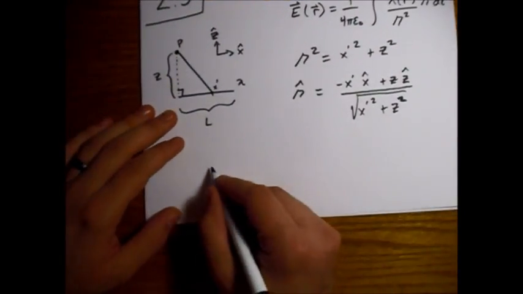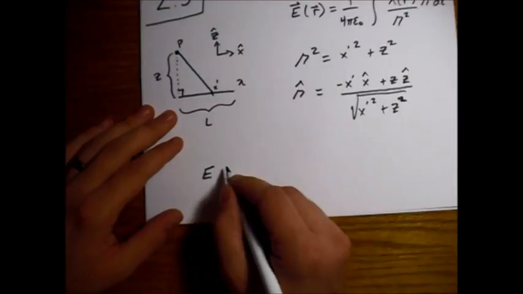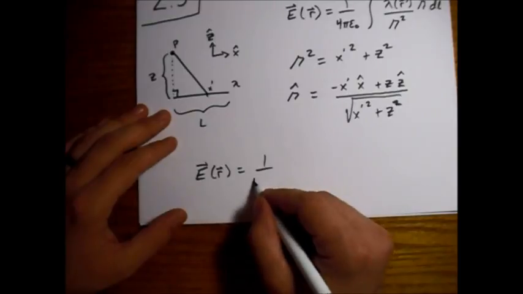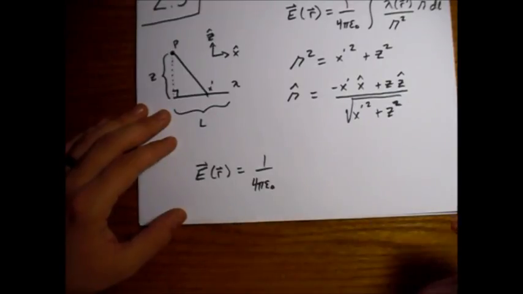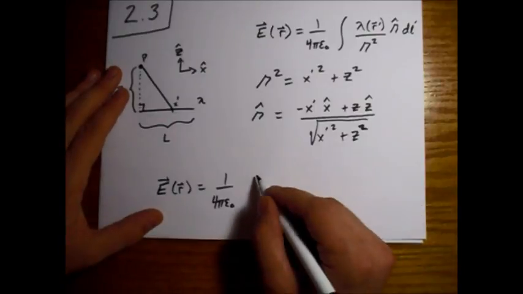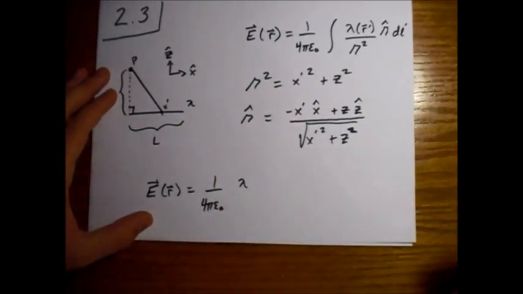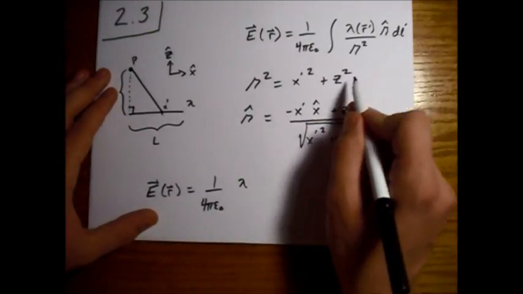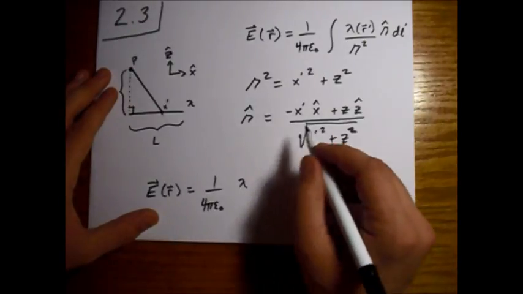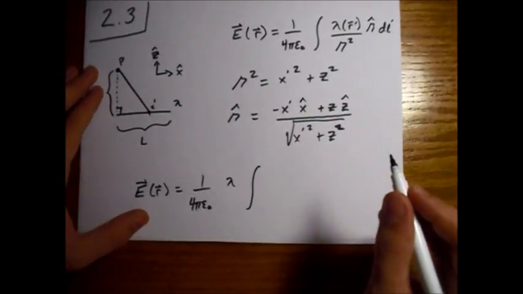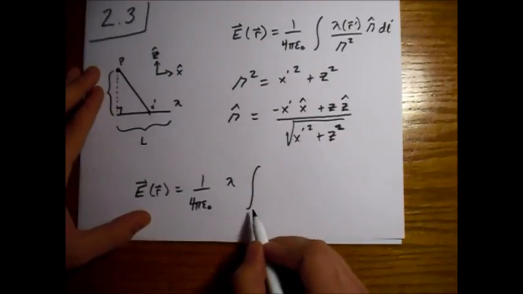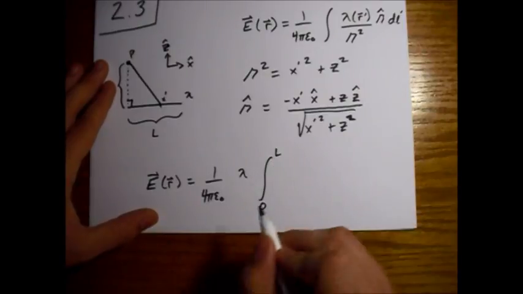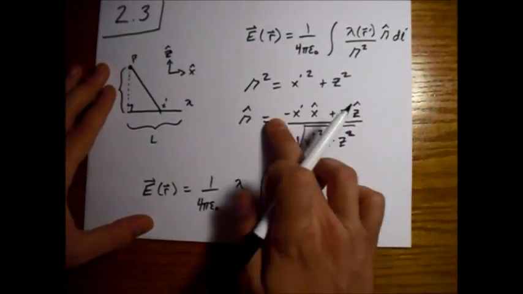Let's gather the pieces together and just write them out here. So we still have our 1 over 4 pi epsilon naught. And the lambda we're going to go ahead and bring out of the integral because it's constant. And then we just have these pieces inside here. So our integral, we're only going to be integrating from 0 out to L because that's the only place where the charge is. And now we just take this and divide it by this.